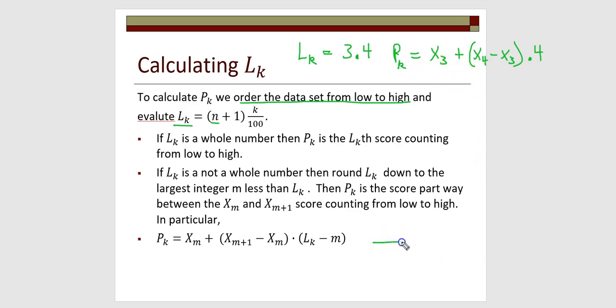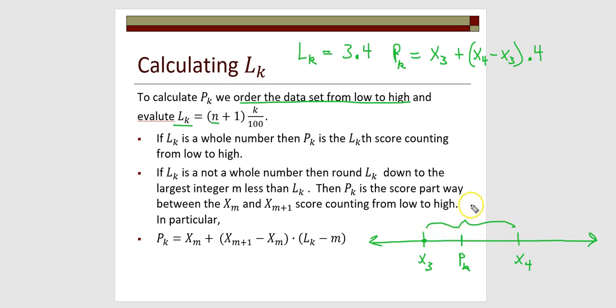Perhaps to see that a little better, if we do a graph down here, suppose that x3 is right here and x4 is right there. Then if Lk came out to be 3.4, Pk would be 40% of the way between x3 and x4. So that would be Pk. Now the way we get that number once again is we go up to x3. So we take x3 and then we add 40% of that distance.